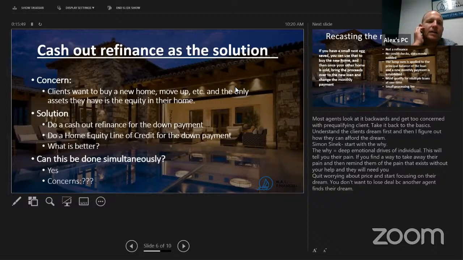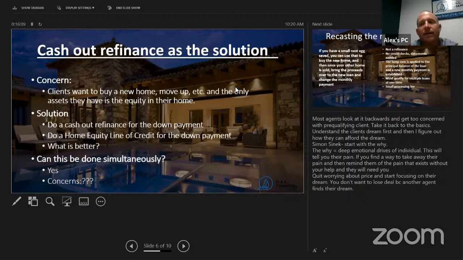The other way to take cash out of your house is called a home equity line of credit. The easiest way to think about a home equity line of credit is like a credit card on your house. It's a fluctuating rate. It only has a payment that's forced when you borrow the money on it.